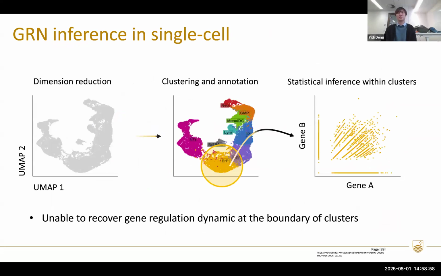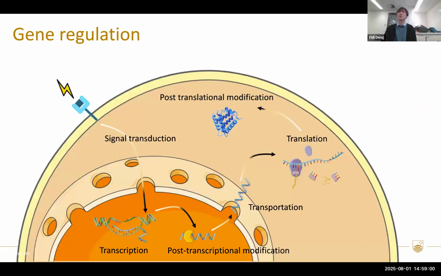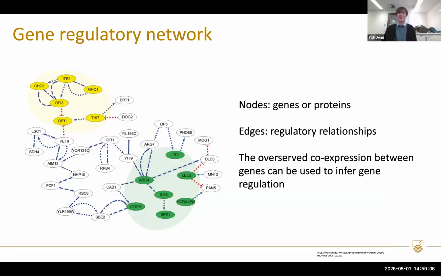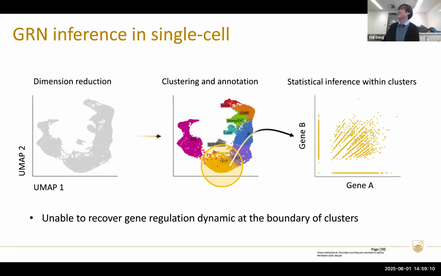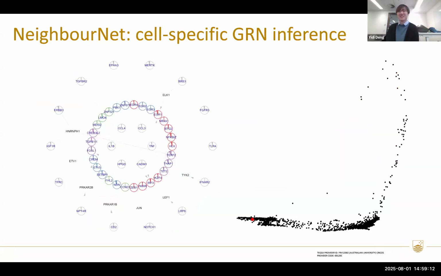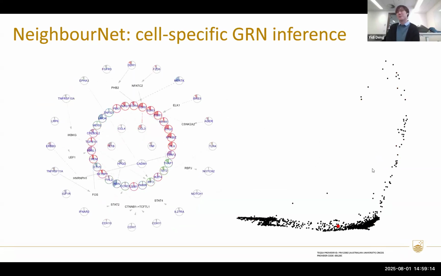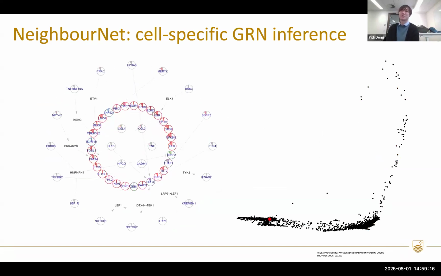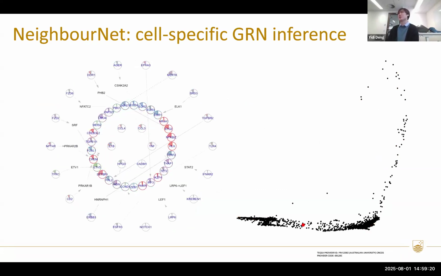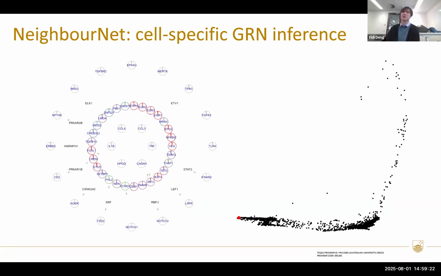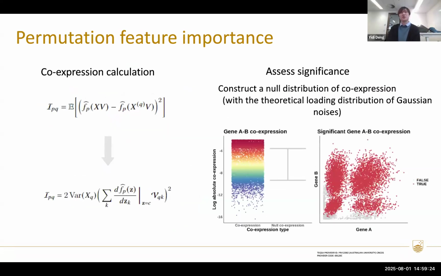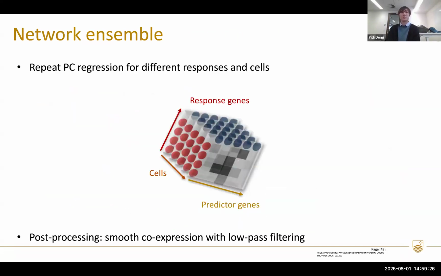NeighbourNet infers a network for each cell. I want to talk about the biology behind it, because maybe Patrick was interested in this next time. So for each cell you get this kind of network that you can play around with, and you can do a lot of analysis with it.